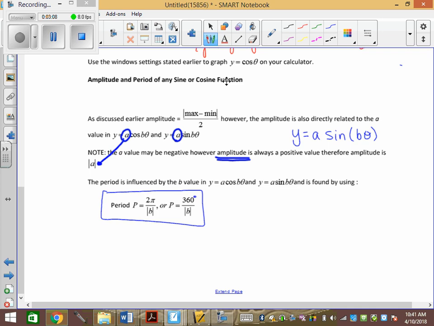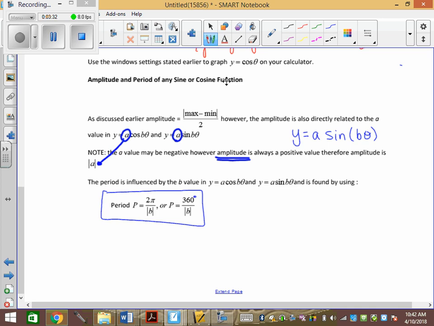Because it would be technically 1 over b. So we're actually multiplying by the reciprocal by dividing by it, right? So we divide by that b because that's actually multiplying by the horizontal stretch. We agree? So normal sine and cos, if the b value is 1, will always be 2 pi or 360. But they're split up if our b is an actual value because the graph has a horizontal stretch.